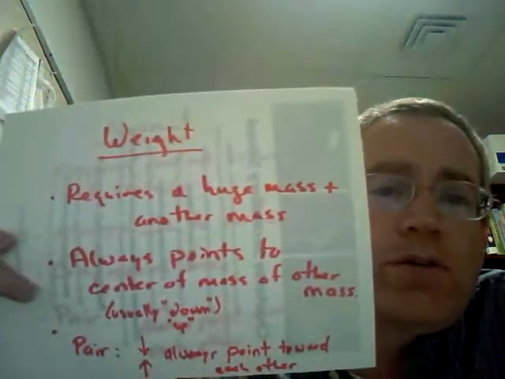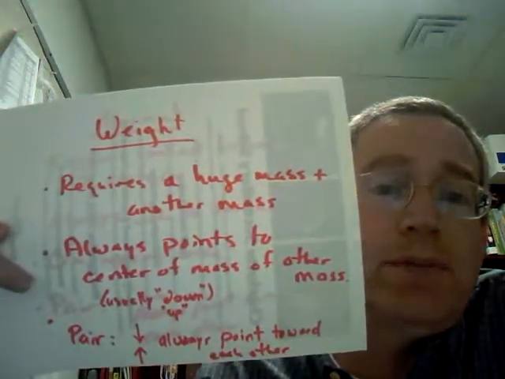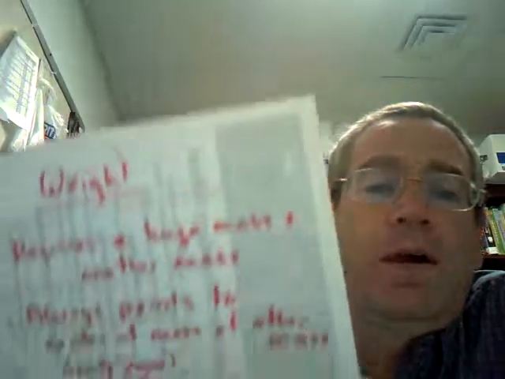So weight is when we can't ignore it. For example, a huge mass like the planet Earth, and then me. The force acting on me is about 210 pounds down. The force acting on the Earth is 210 pounds up.